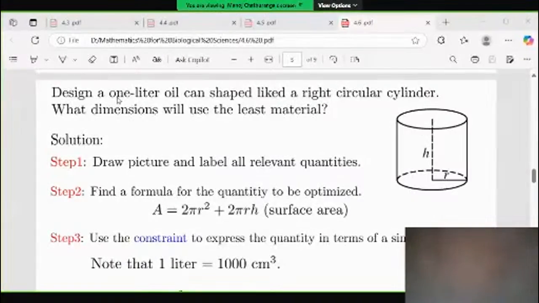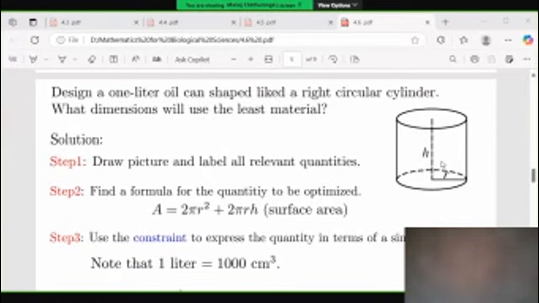Okay, so there is a restriction. Volume is 1 liter. So we have two variables, R and H. We cannot arbitrarily change them because volume must be 1 liter.